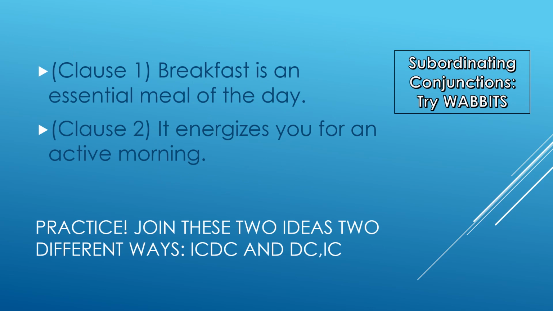So here's something you can try to do. I'll just pause for 30 seconds or a minute so you can try to figure this out on your own. So try to join clause 1 and clause 2 into a complex thought using appropriate punctuation marks and then using a Wabbits.